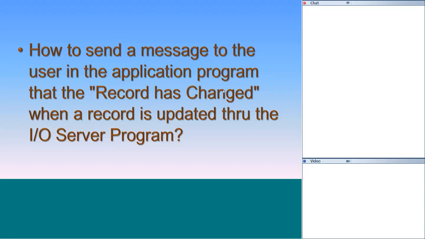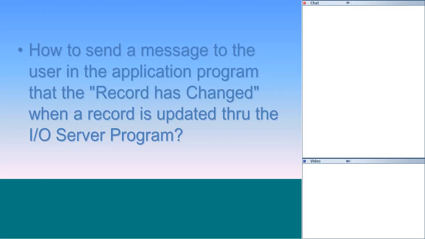What my applications have always done is to tell the user when the change that they have attempted didn't work. So the assumption is that the record's changed unless I tell you otherwise. If you wish to do this type of thing, it's easy enough to do. Your I/O server can simply return to its caller a diagnostic message saying record has changed.